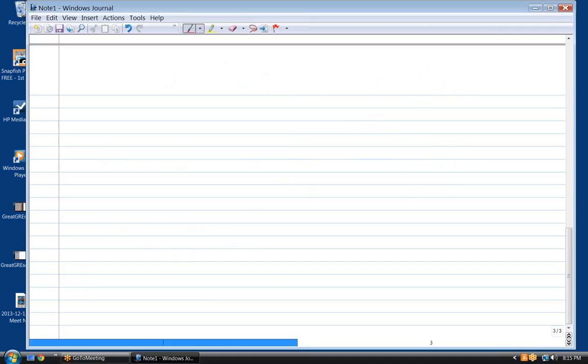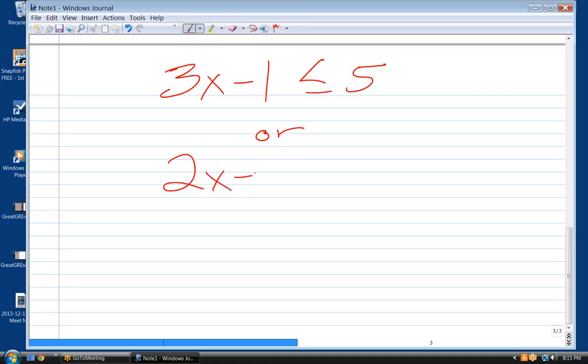What about compound inequalities? Bring it on. 3x minus 1 is less than or equal to 5, or 2x minus 4 is greater than or equal to x. Okay, 2x minus 4 is greater than or equal to x?